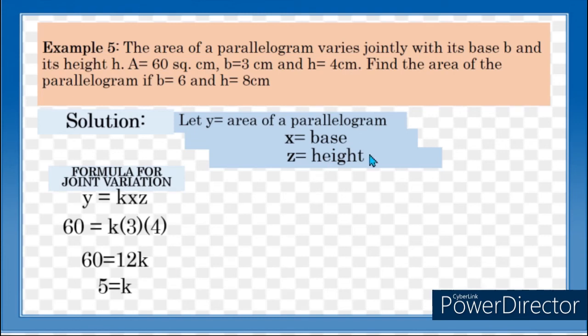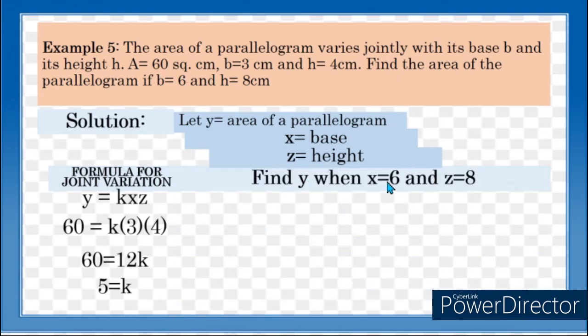Okay, now, since nahanap na natin yung value ng k, ngayon naman, ang next step natin is let us find the area of the parallelogram if the base is equal to 6 and the height is equal to 8. Okay, so we have y is equal to kxz. Then, substitute natin yung value ng k is equal to 5, the value of x is equal to 6, and the value of z is equal to 8.